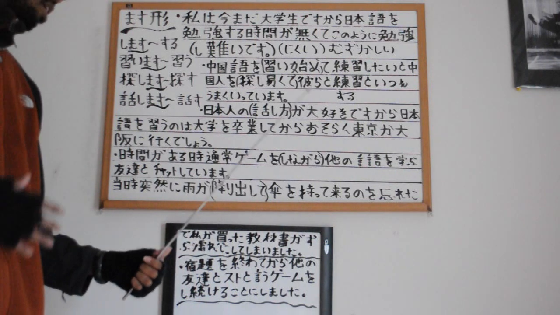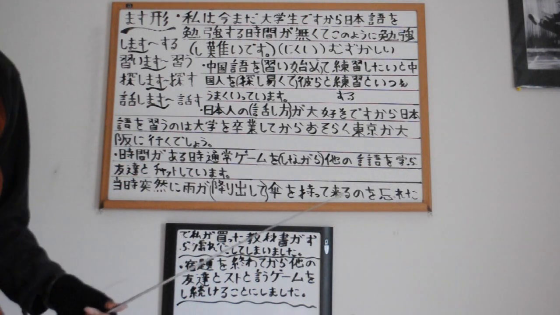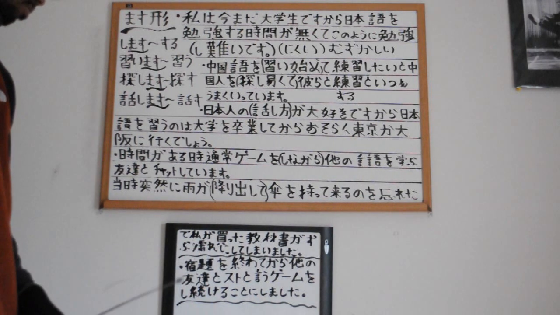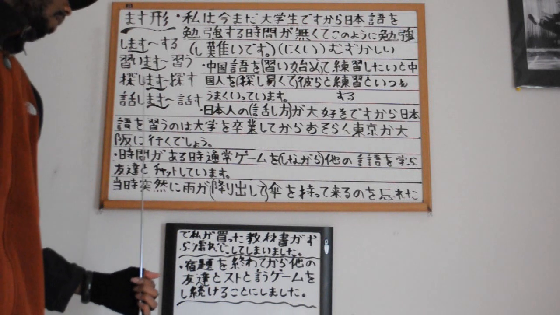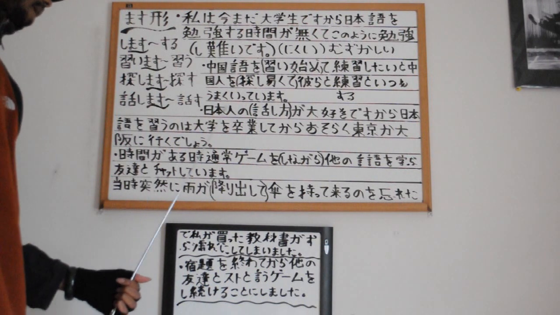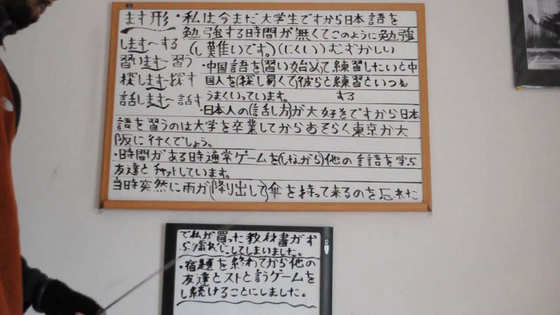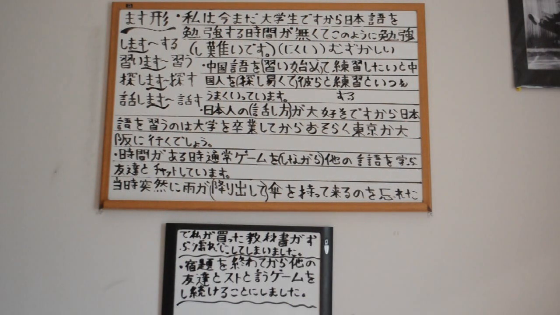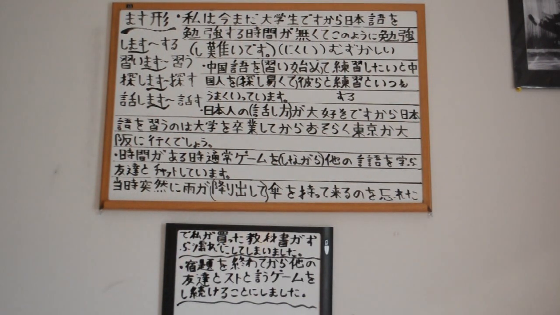Therefore, due to the fact that I really like the way Japanese is spoken, perhaps after I graduate, I'll go to Tokyo or Osaka to learn Japanese. All right, so let's break it down.